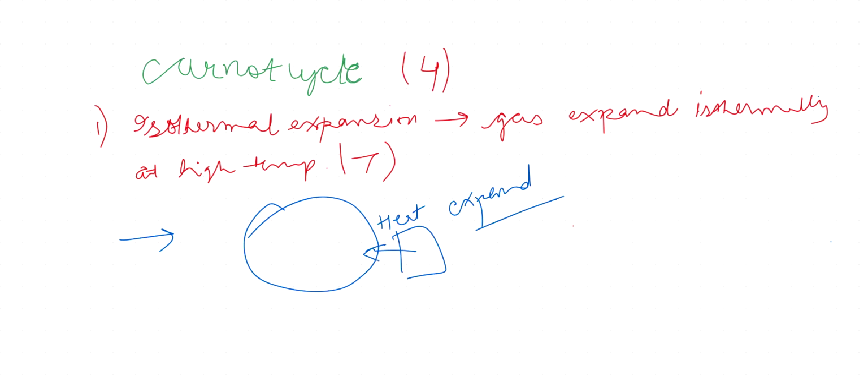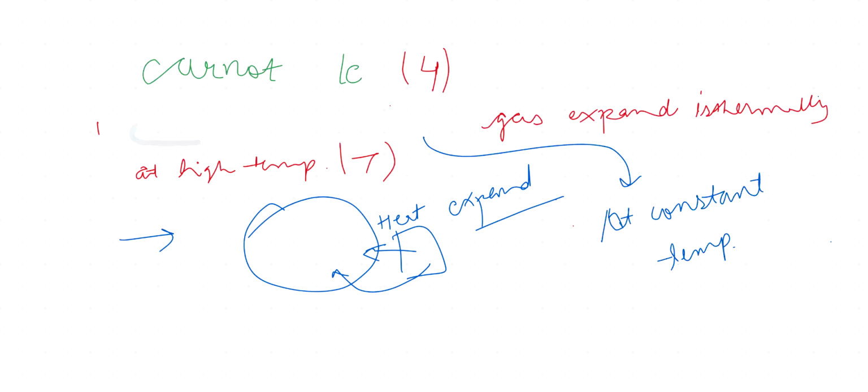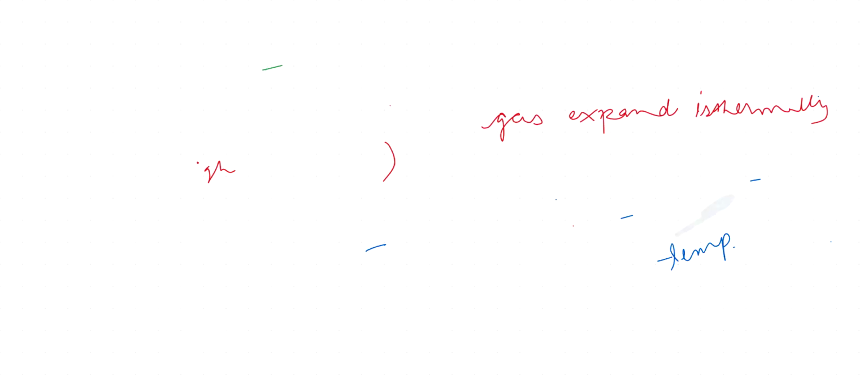So isothermal expansion happens at constant temperature. And in another process we will be covering, I will tell you about it. What is the second?